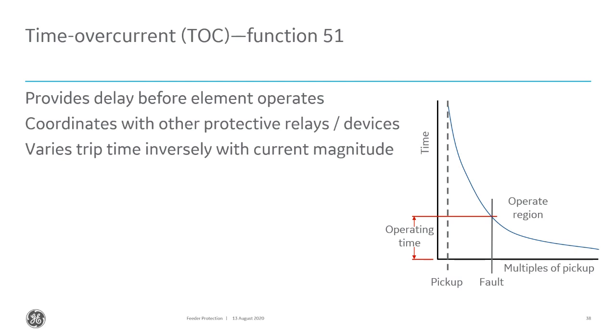It helps us to say, hey, the fault is not permanent, give it some time to clear itself. However, high fault currents can do more damage to the power system in very short amounts of time, so it's going to trip faster. So the tripping time varies inversely with the current. The higher the current, the lower the trip time.